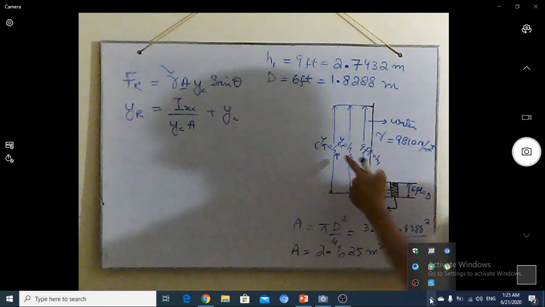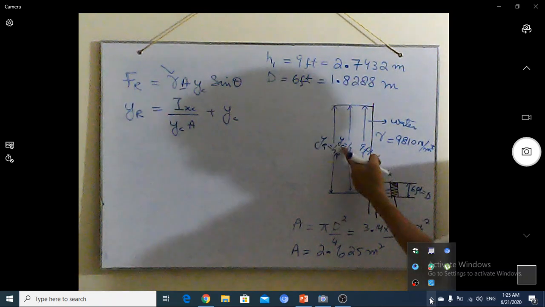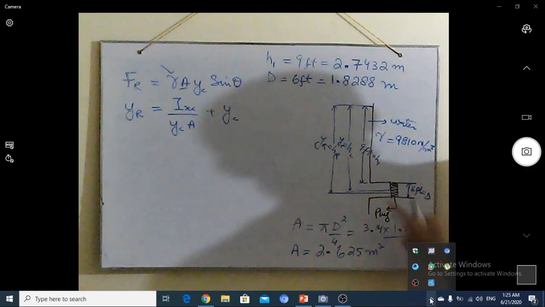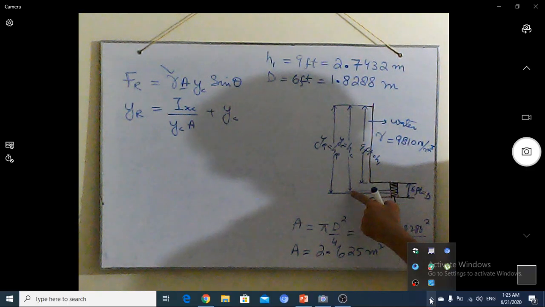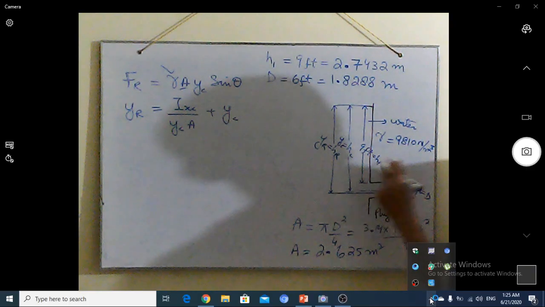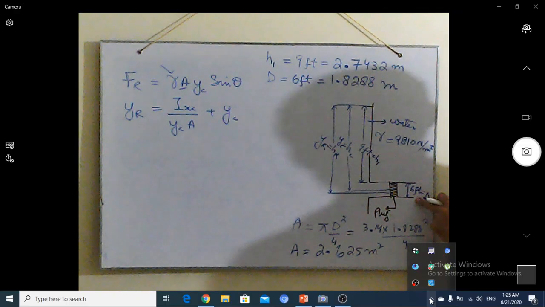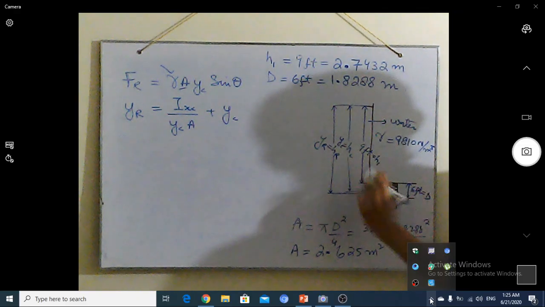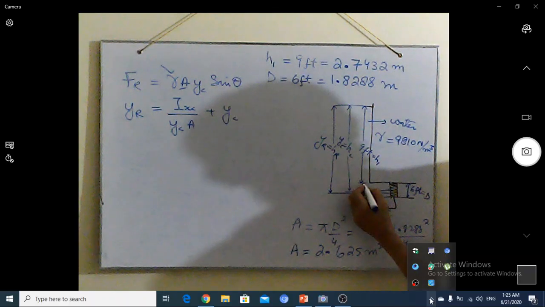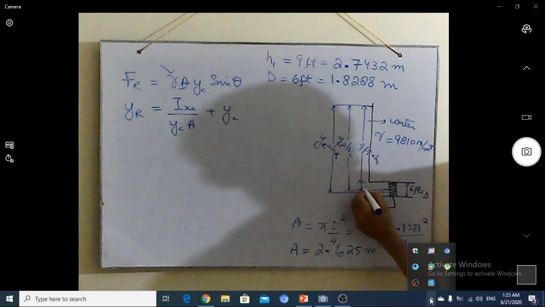YC value. So YC from the figure is equal to H1 plus half of D, so we can understand this part actually equals D by 2.